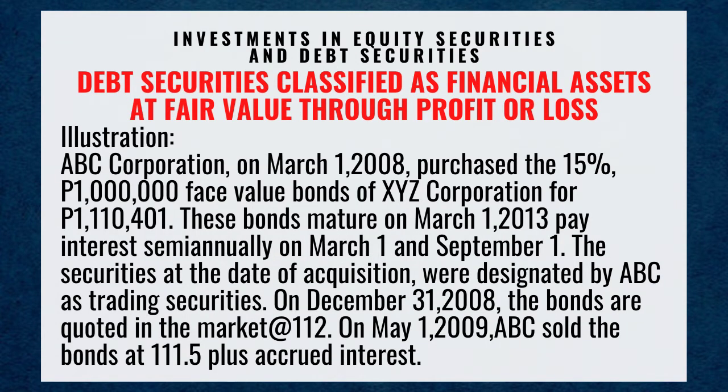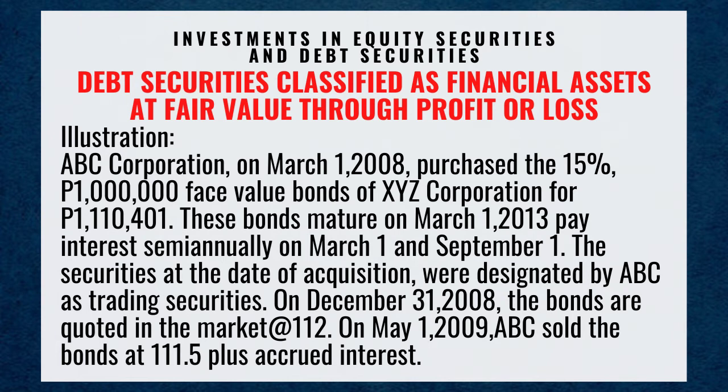Illustration: ABC Corporation on March 1st, 2008 purchased the 15% 1 million face value bonds of XYZ Corporation for 1,110,401. These bonds mature on March 1st, 2013. Pay interest semi-annually on March 1st and September 1st.